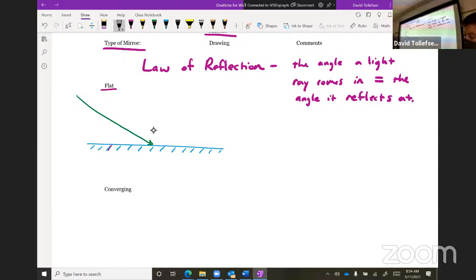We have what's called the angle of incidence. It's this angle. It equals the angle of reflection. Have you guys done angles in math class?